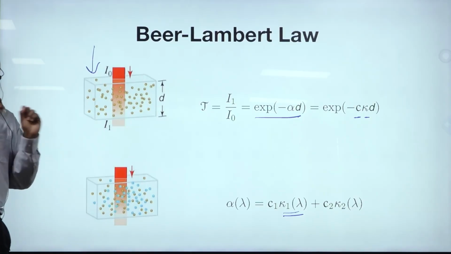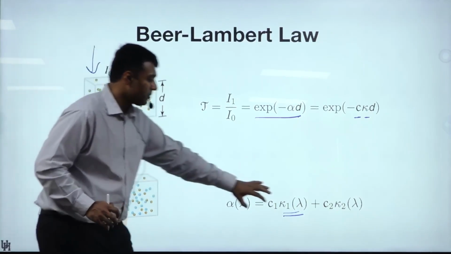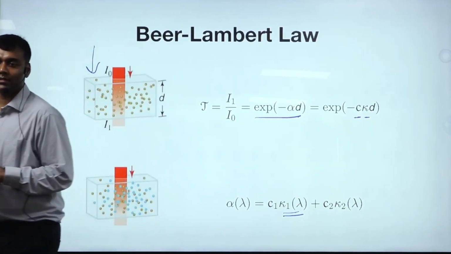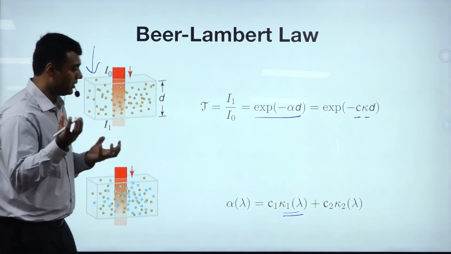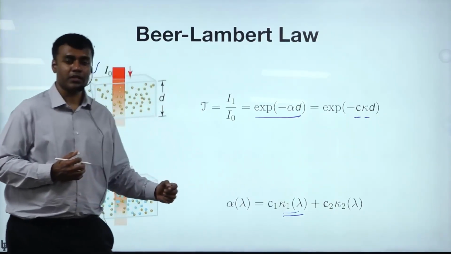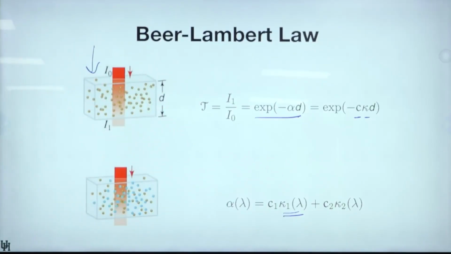There may be multiple molecules which are absorbing, and it's a combination of multiple molecules. This Beer-Lambert law allows you to find the concentration, this absorption constant, and the distance.